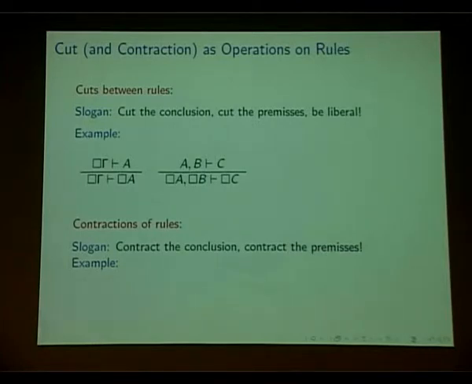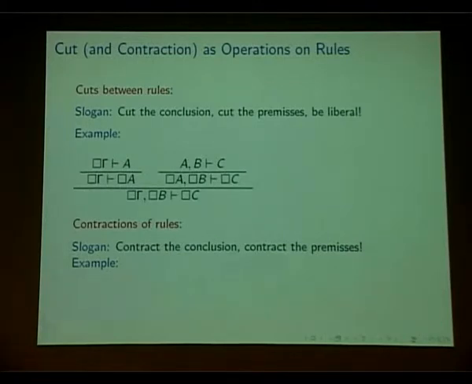So the idea is if we have two rules, like the for rule on the left-hand side and the k rule on the right-hand side, you see we have a formula box A, which occurs on the right-hand side of the conclusion of the for rule, and on the left-hand side of the conclusion of the k rule. So we could apply the cut rule to these two sequents. And this is exactly what we do. So we cut the conclusion, we arrive at the sequent at the bottom here.